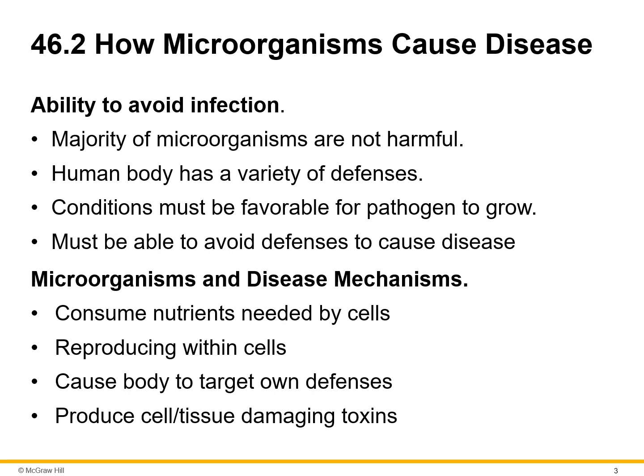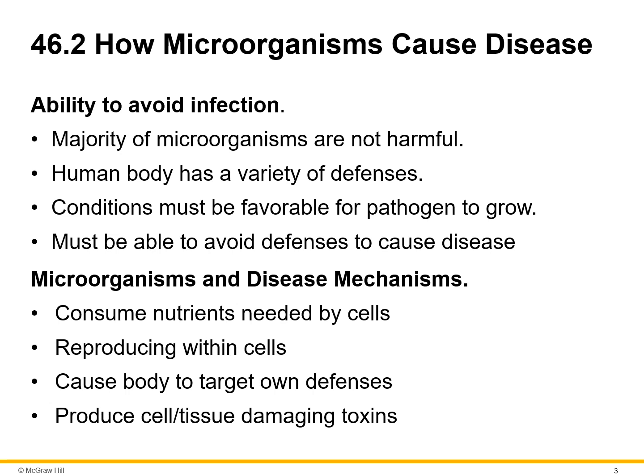Sometimes microorganisms will get inside of cells, reproduce inside cells or deform cells and cause them to replicate, and now we have abnormal cells that are producing. Sometimes the microorganism can cause our body to target our own defenses. Autoimmune diseases are a good example of this.